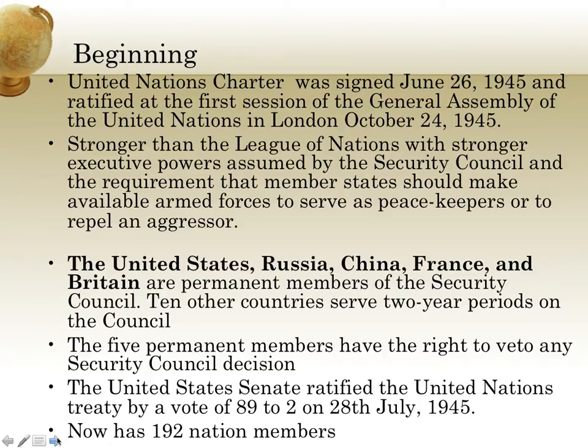The 5 permanent members have the right to veto any Security Council decision. So what that means is these five permanent members discuss and debate with these other 10 countries that rotate in and out every 2 years, but those 5 permanent members have the authority or the right to veto those decisions made by the other 10 countries.